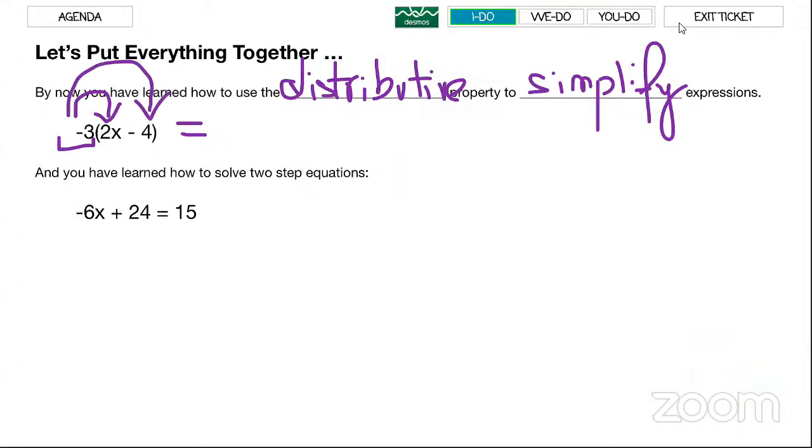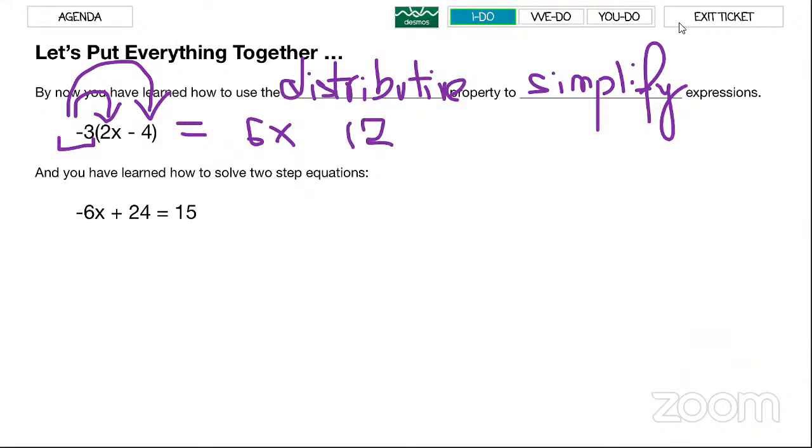Okay, so let's do this without considering the negative sign. My first term is 3 times 2x, that would become 6x. I'm not going to say plus or minus yet. And the second one, 3 times 4, that would become 12.